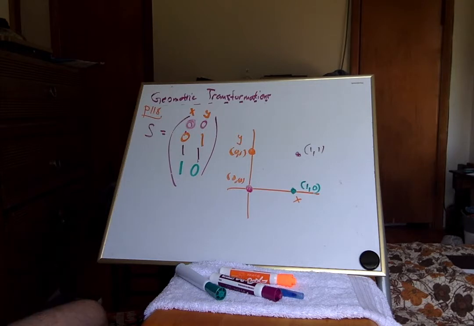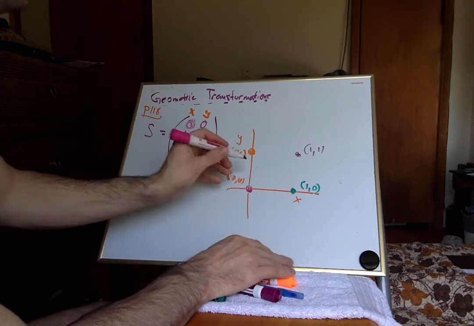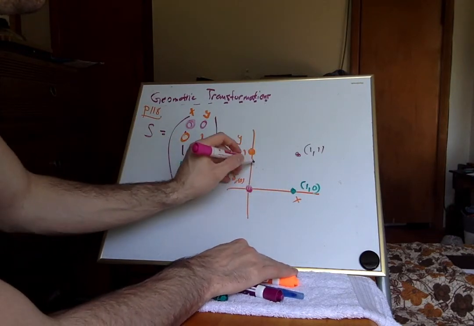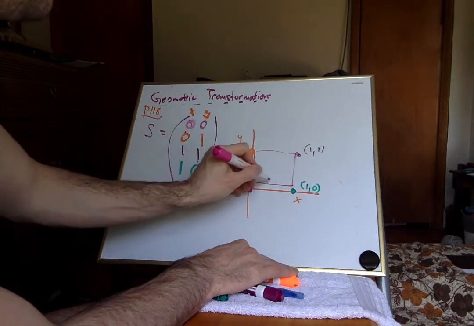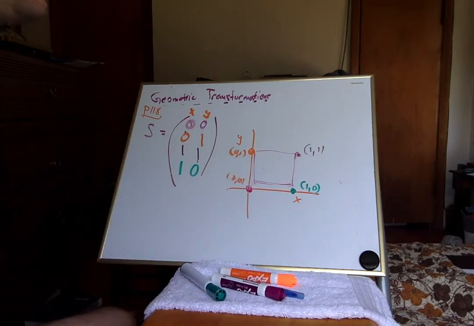So what sort of geometric object is it? Well, it's those 4 points plus the 4 lines that connect them, and that's a square. Not too terribly difficult.